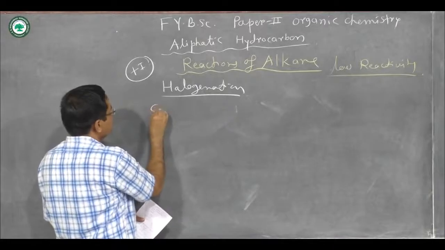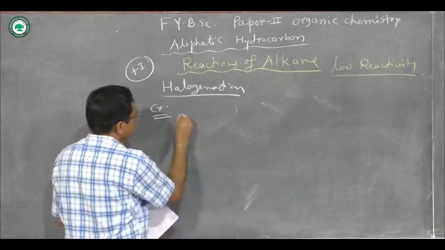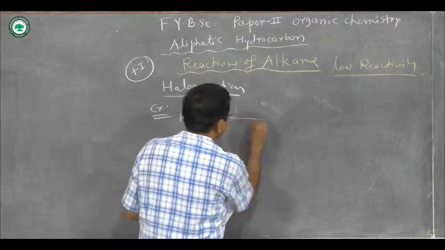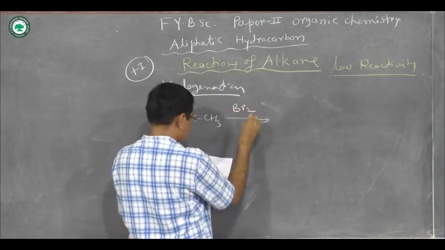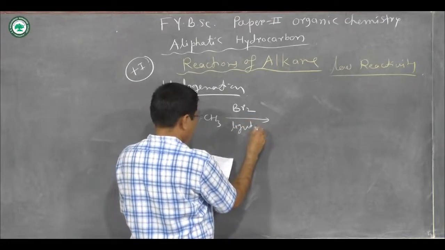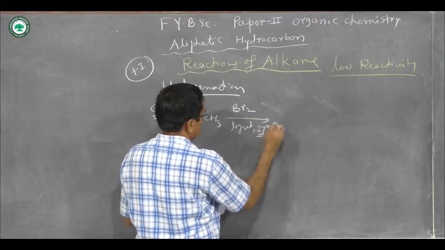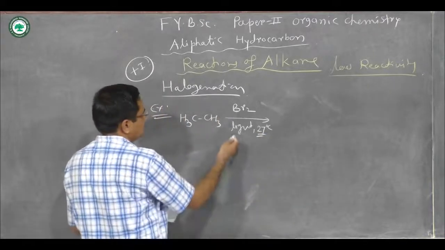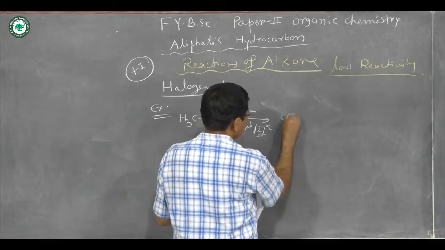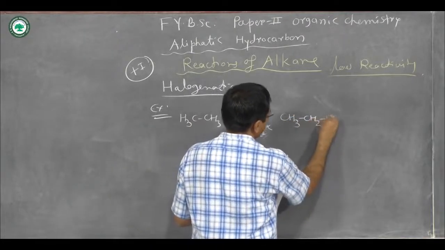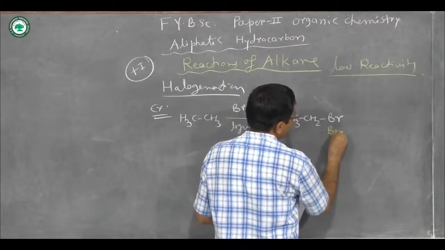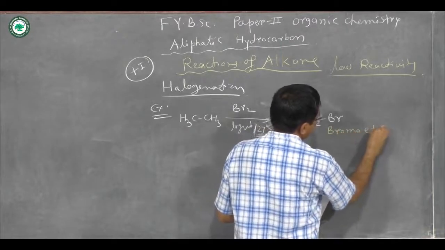Now we take an example here. Ethane, when reacted with Br2 either in the presence of light or at 127 degrees Celsius, gives CH3CH2Br, that is bromoethane.